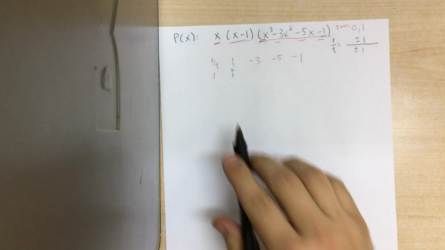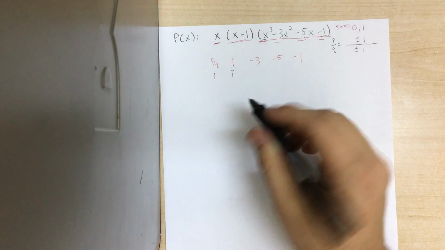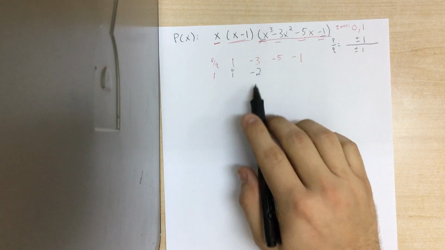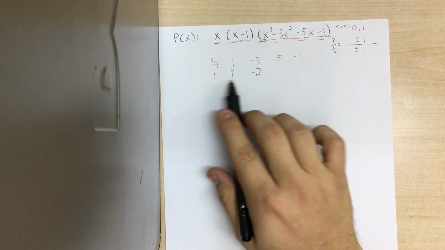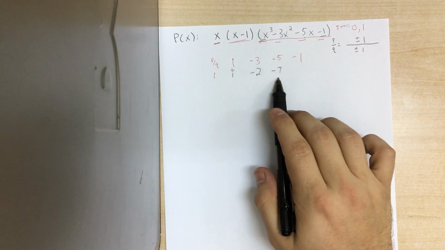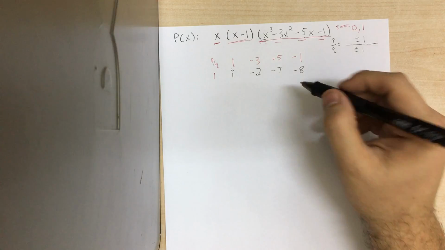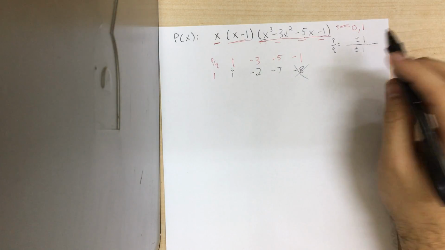So always drop down that 1. 1 plus -3 gives us -2. -2 plus -5 gives us -7. And -7 plus -1 gives us -8. So we don't have the remainder of 0 there. So this is not going to work out for us.